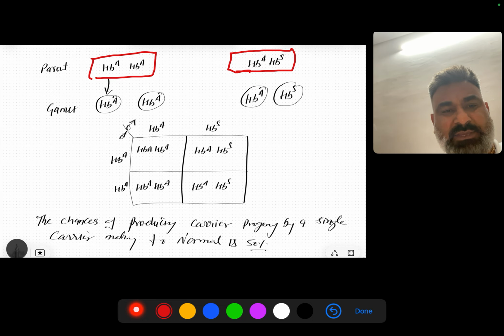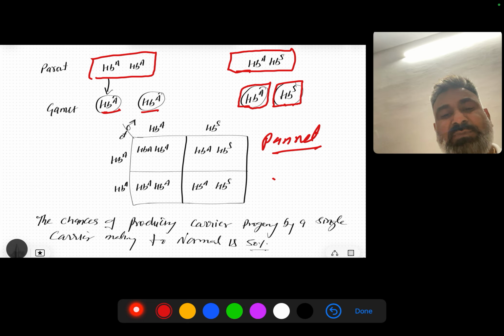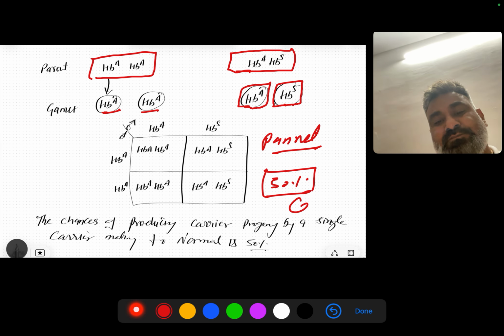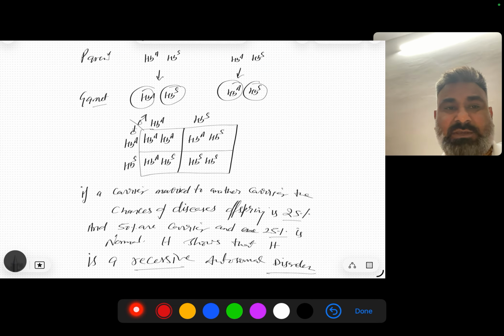The normal parent produces normal gametes, while the carrier produces 50% normal gametes and 50% disease gametes. When we take it to a Punnett square, we find that there is a 50% chance of the population being carrier.